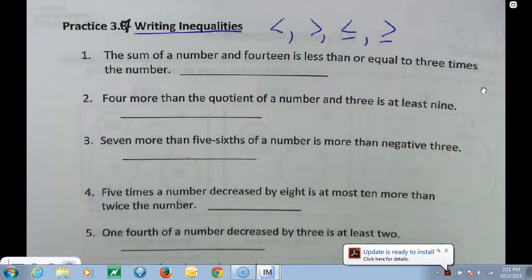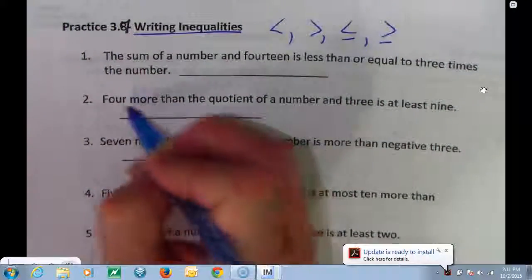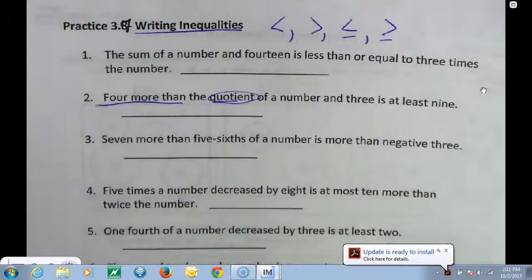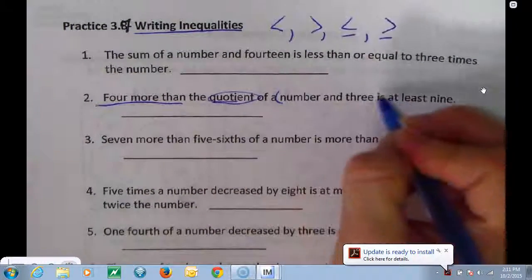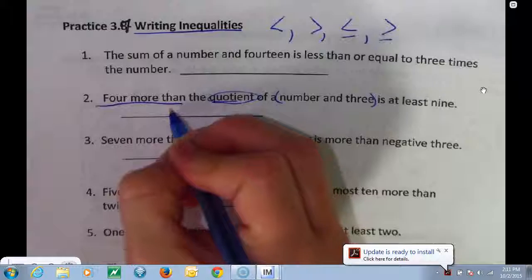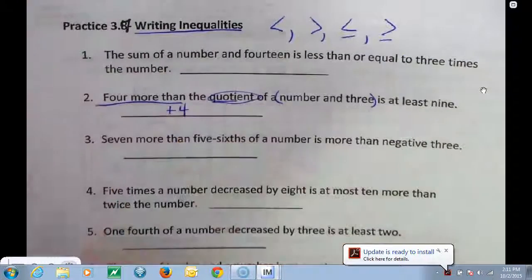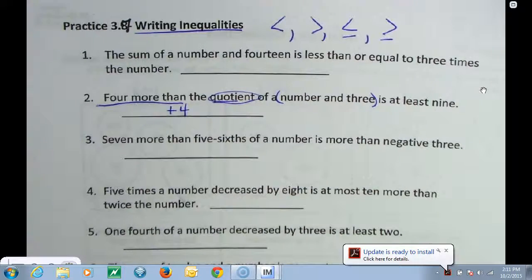So I tell you what, let's do number 1 together. No, let's do 2. 2's a little harder. 4 more than the quotient. What does it mean when we do quotient? Divide a number in 3. So 4 more than, I'm going to put plus 4. I'm going to add 4 to something.